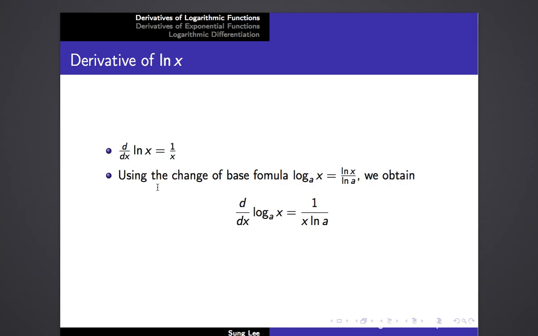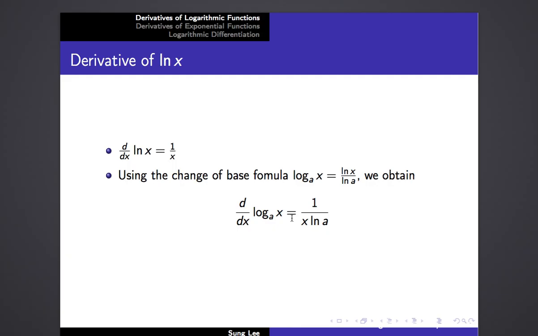Here's the thing: we can always use the change of base formula. For instance, log with base a of x can be written as ln x over ln a. Then we can find the derivative of log with base a of x.